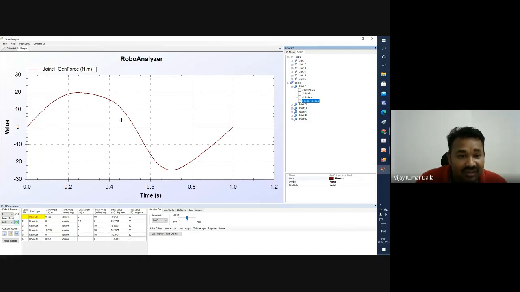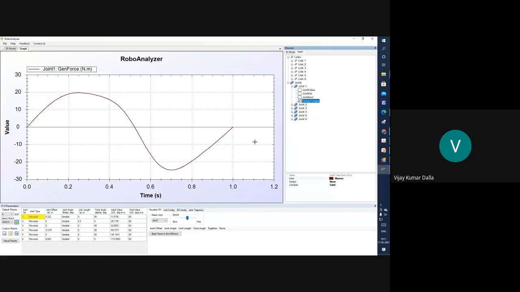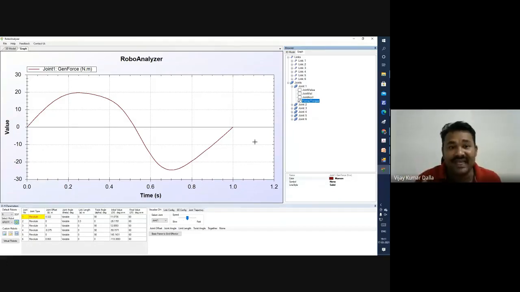The curve, we are getting information of the dynamics, forces or torques. Okay, so RoboAnalyzer is mainly a visualization for kinematics, but we can also get visualization of dynamics.